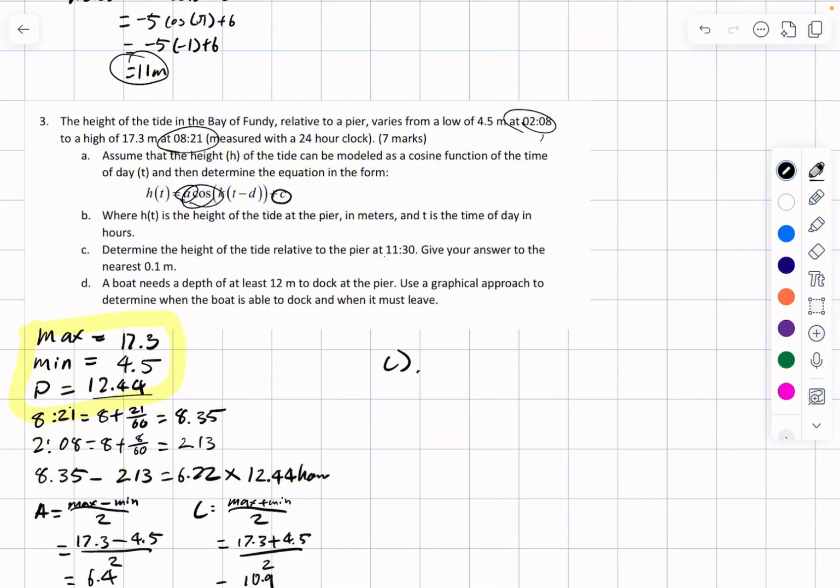Okay, so for C, this is basically just plugging in the time, which is 11:30. 11:30 in hours equals 11.5.